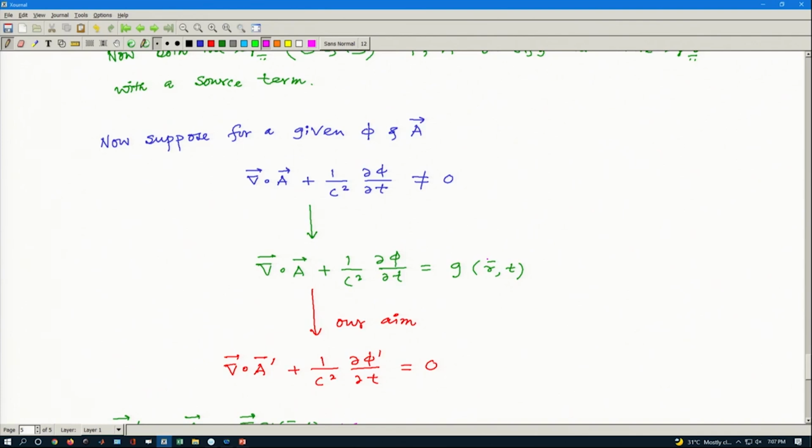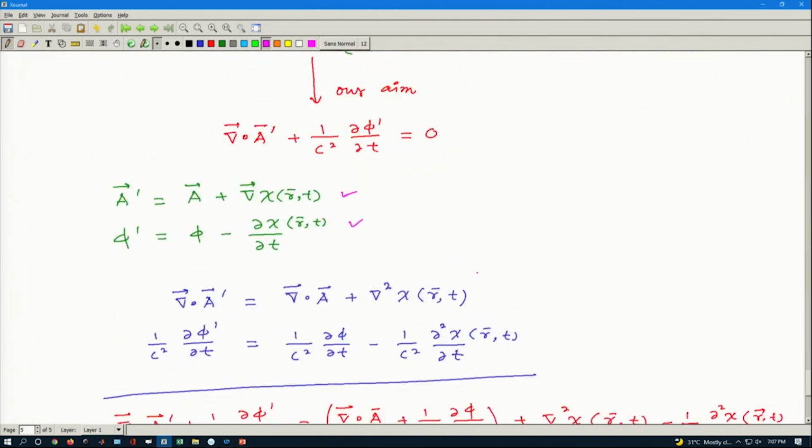If the condition divergence of A plus 1 by c square del phi del t is not equal to 0, suppose it is G, then I exploit the relation for A prime and phi prime, considering the fact that A prime and phi prime will produce the same E and B. Since A prime and phi prime produce the same electric field and magnetic field, instead of using A and phi, I am now going to use my new A prime and phi prime.